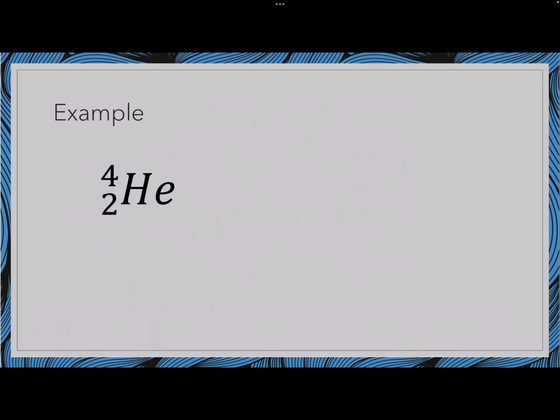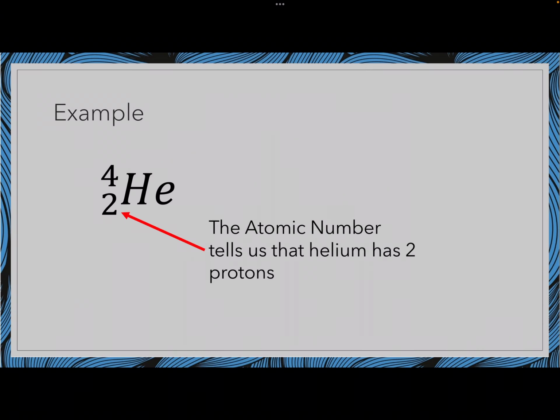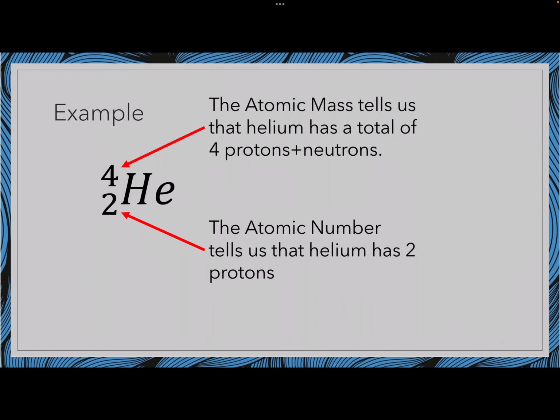Let's have a look at helium. Starting with the number at the bottom, it's our atomic number. For helium, the atomic number is 2, so we have 2 protons. Looking at the mass number, it's 4, so again, it has a total of 4 protons plus neutrons.